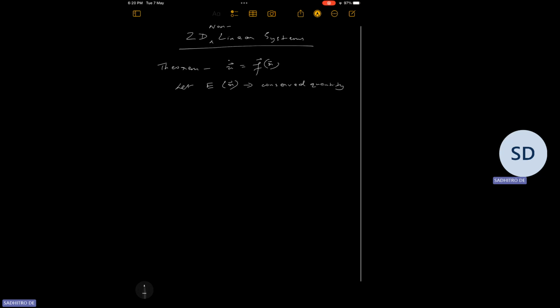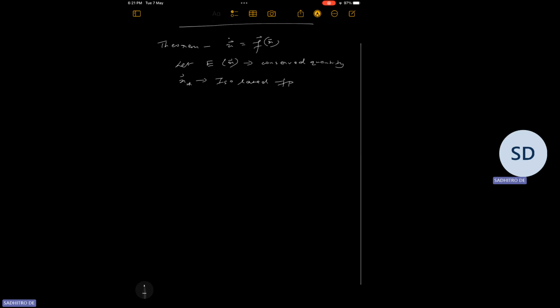And suppose that x star is an isolated fixed point of the system. By isolated fixed point, we mean that there are no fixed points in a small neighborhood surrounding this fixed point x star.